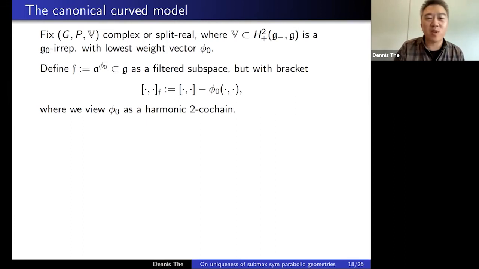It's a subspace, so I restrict the filtration from G to it. But now I'm going to deform the bracket by the cochain. Okay, what do I mean by that? Well, these are elements in cohomology, but via Kostant theory, there's this harmonic theory that allows you to identify such lowest weight vectors in this quotient with two cochains that are harmonic.